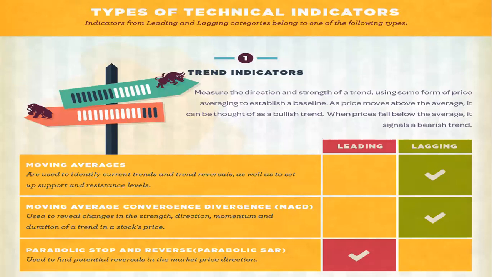Indicators from the leading and lagging categories belong to one of the following. With all the indicators, whether leading or lagging, you will see the types on the right side of the screen. I hope you all can see it. So we have trend indicators, the types.